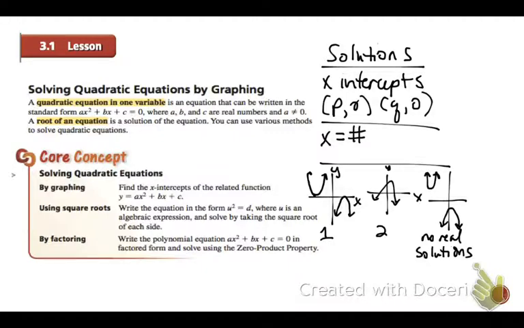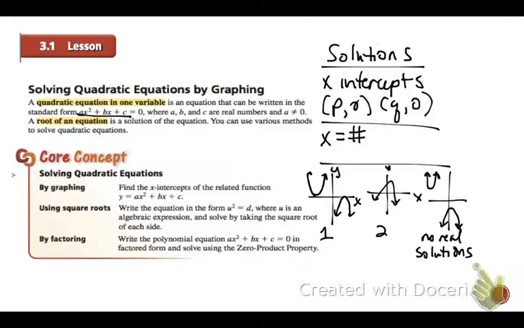So if you look at the information that I've included from the book, it shows that we're going to work with these in standard form with those constants A, B, and C that we've worked with before. It also introduces another word that can be used in place of a solution.